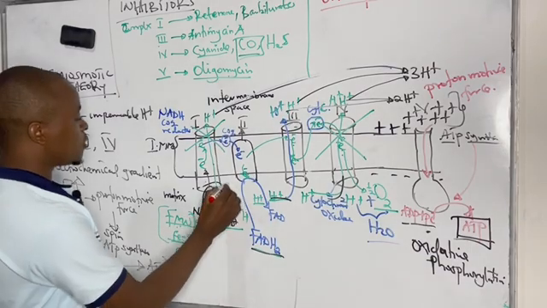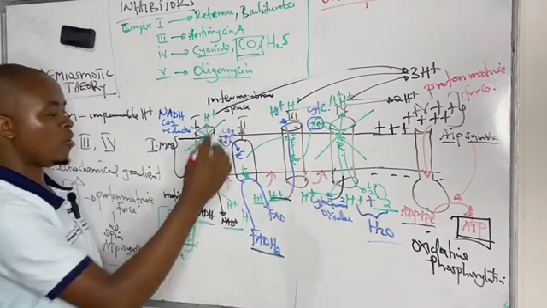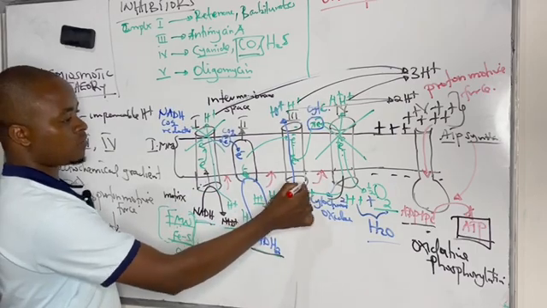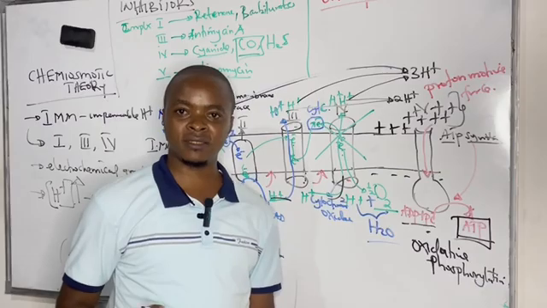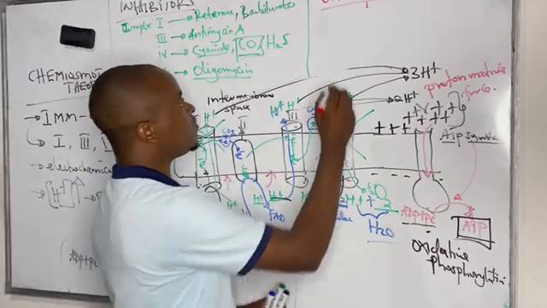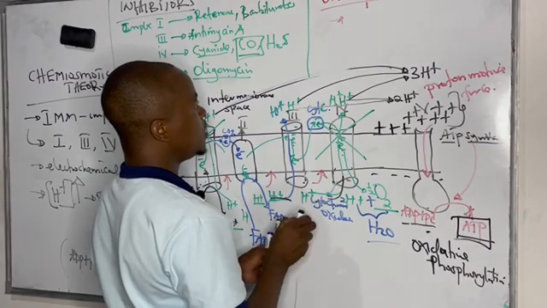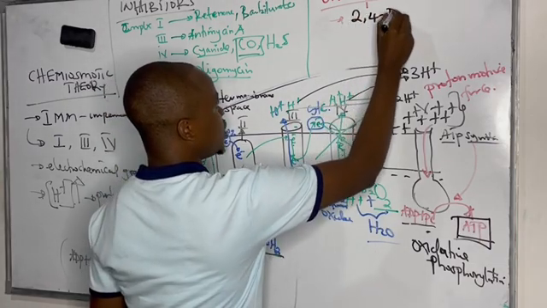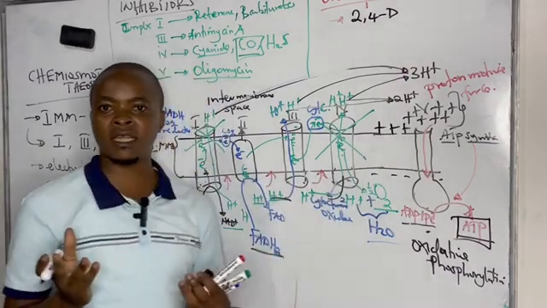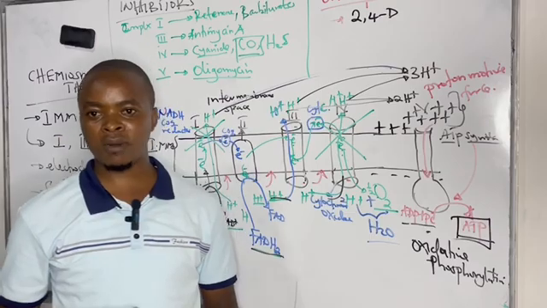So we cannot see a proton passing here, because it is impermeable. Only complex 1, 3, and 4. So when we are given uncouplers, we have an example like 2,4-D. This 2,4-dinitrophenol, is the weed master. We use it to spray weed in our plantations.